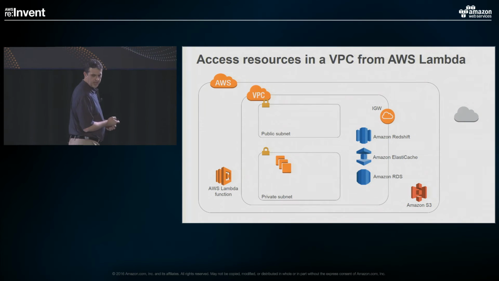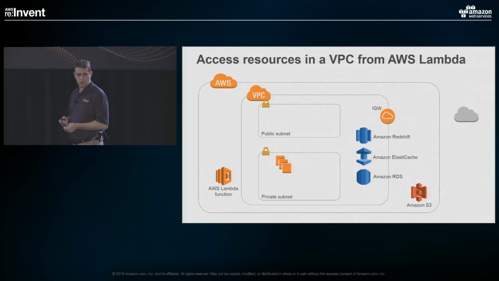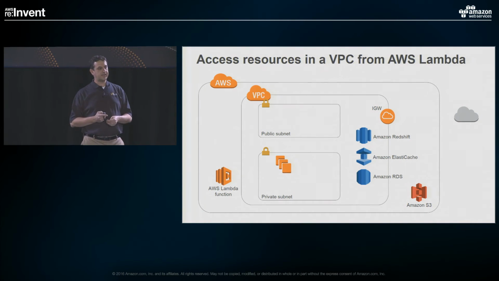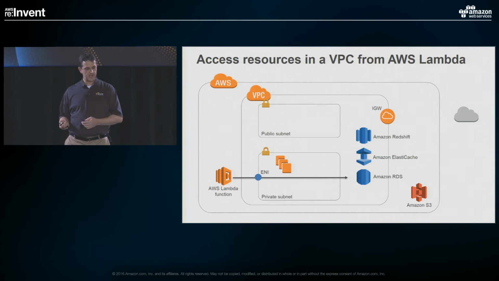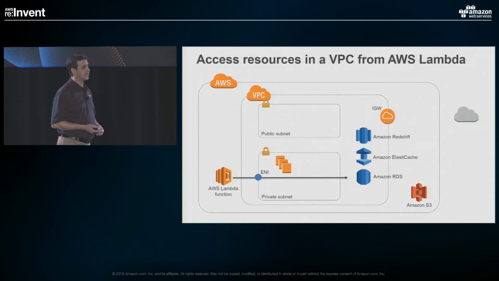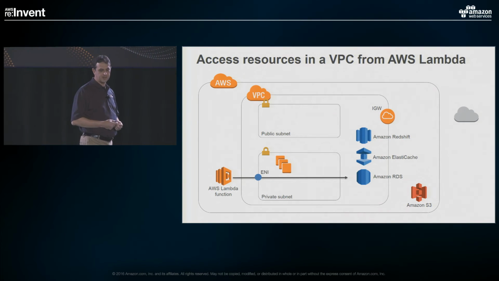I believe it was in February of 2016 that we launched support for accessing resources within your VPC from your AWS Lambda functions. Again, it's leveraging ENI to give you access to resources such as your RDS databases, an ElastiCache node, or a Redshift data warehouse service.